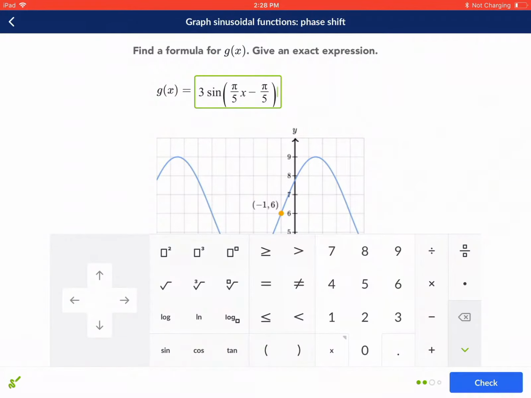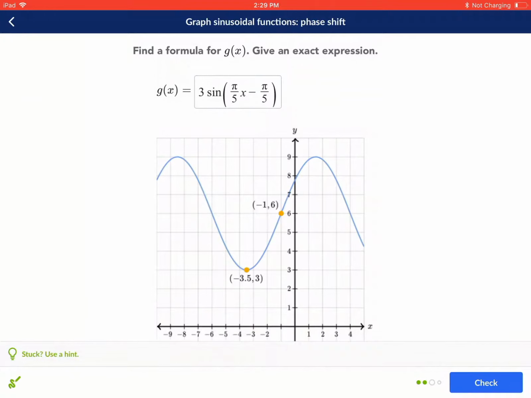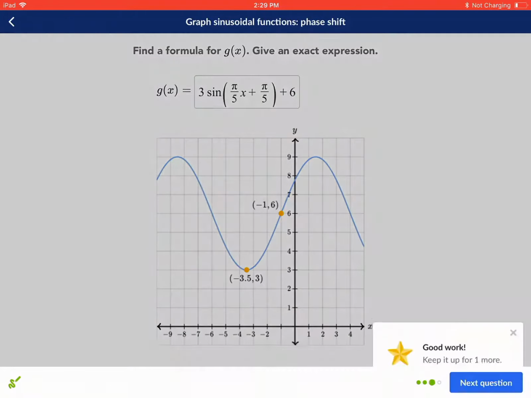I'm just double checking, making sure I'm copying it down, plus 6. You know what? I'm realizing that we moved to the left, so that is a plus. Plus 6. Let's check. Good.